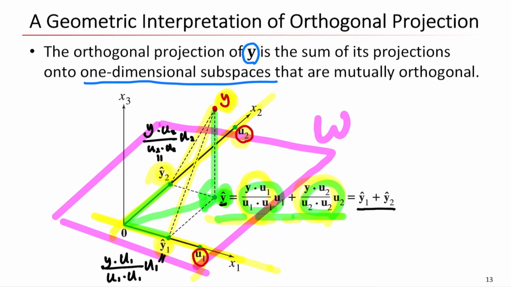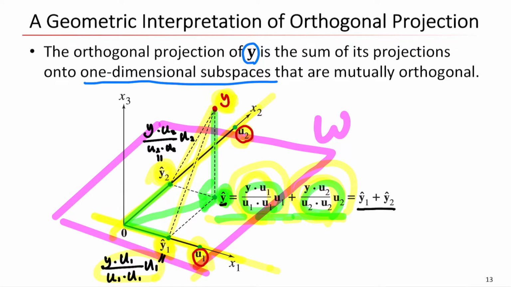There was also the geometric interpretation of the orthogonal projection. If we have the subspace W with basis u1 and u2, and an arbitrary vector y here, this equation is derived from y hat 1 and y hat 2. y hat 1 is the orthogonal projection of y onto the span of u1, so it can be written like this.